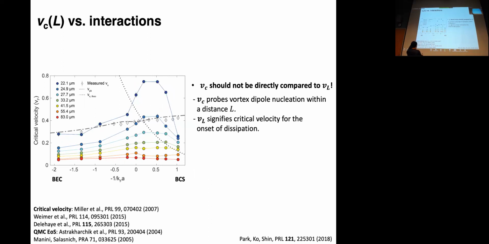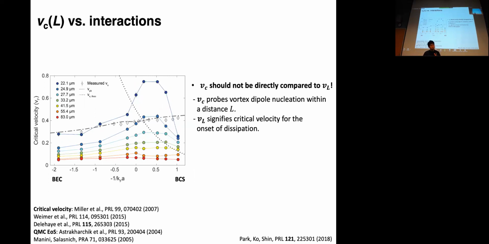So seeing this graph, I mean, people would be very tempted to try to compare these velocities to the Landau criterion. But I should warn you, because the Landau criterion is really describing the onset of dissipation through the creation of phonons and pair-breaking excitations, whereas what we really measure in the lab is the response of the superfluid to create a vortex dipole within a finite distance L of the motion of the obstacle.